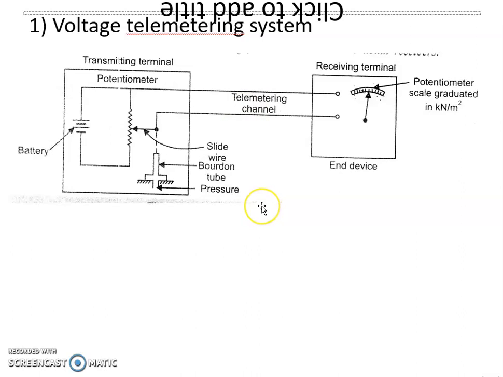That means it is suited especially for short distance data transmission. And the last disadvantage is that the receiving terminal in this voltage telemetering system is more expensive. So these are a few disadvantages of this voltage telemetering system.